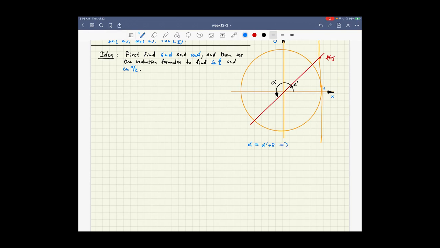So therefore, tangent alpha, being tangent of alpha prime plus pi, by the fact that tangent is a pi periodic function, also is 8/15.